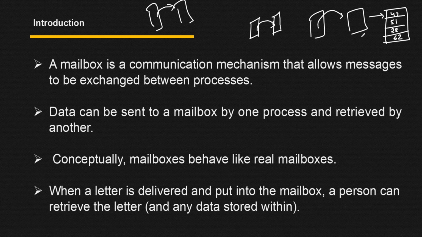Now if you want to extract the data, your mailbox will follow the FIFO order. So first you will get 42, then 51, then 28, and then 62. But it is not like this with an actual post box.